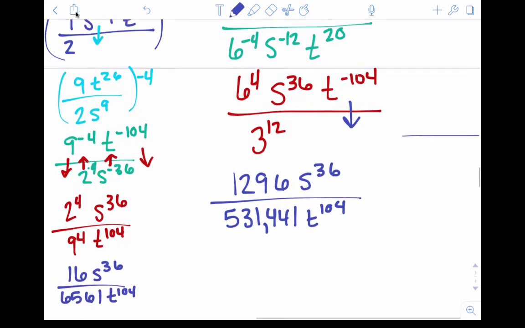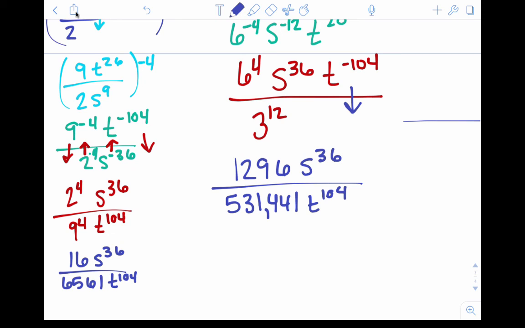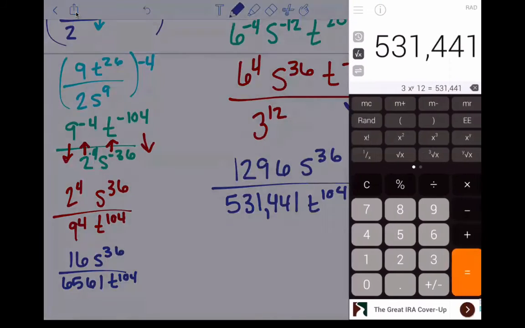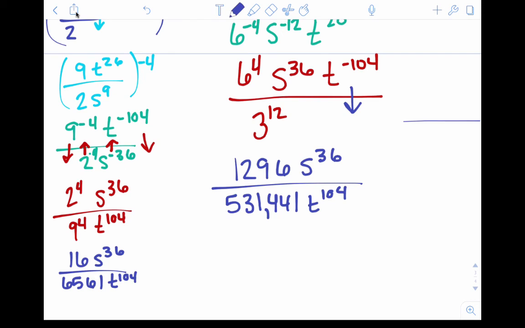And now all I have left to do is to simplify 1,296 over 531,441. 81 goes into both of those numbers.